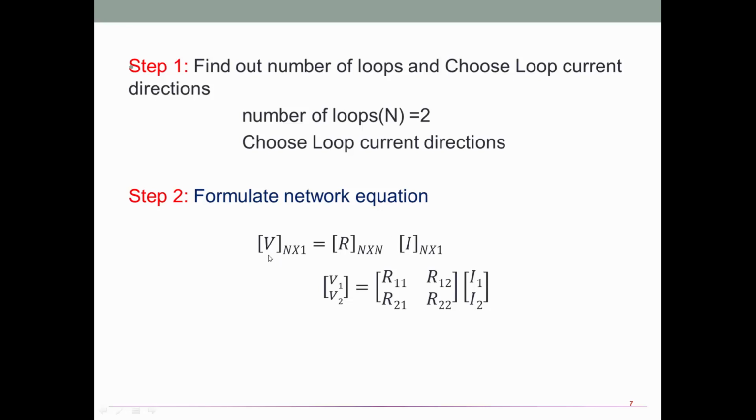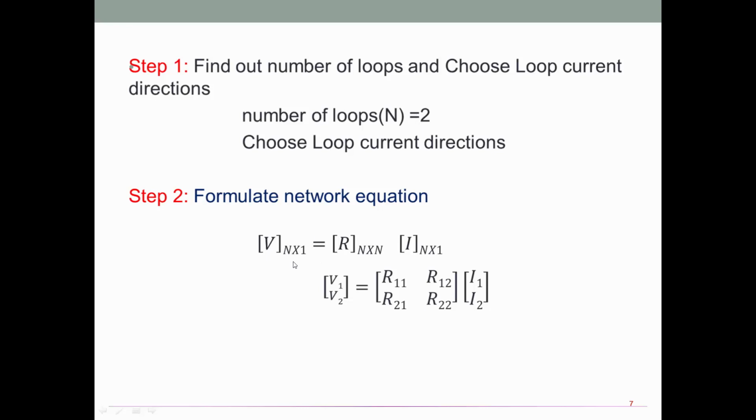That is what I have written here as V is equal to RI, where V is the voltage vector which has a dimension of n cross 1, R is the resistance matrix which has a dimension of n cross n, and I is the current vector which has a dimension of n cross 1. The n value which we identified earlier is 2.